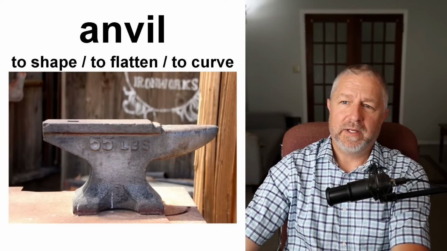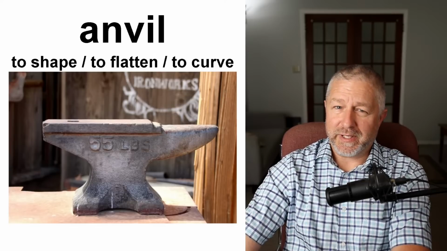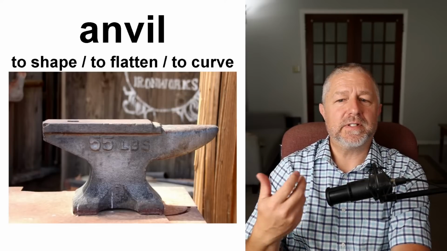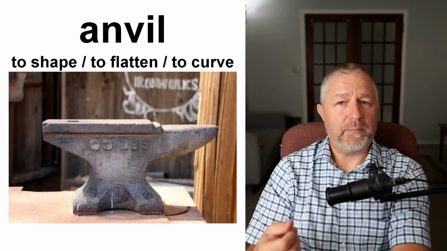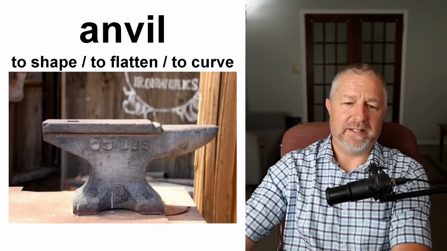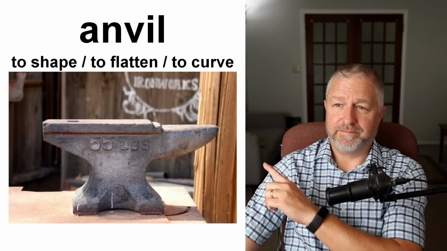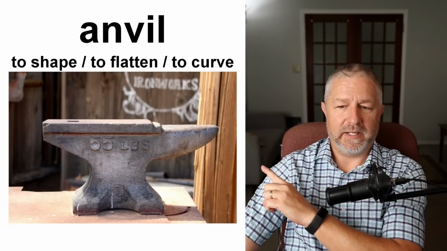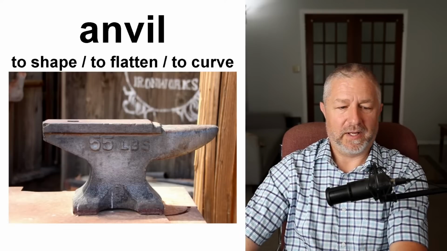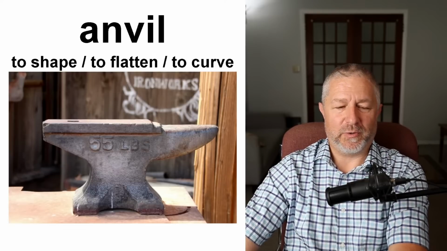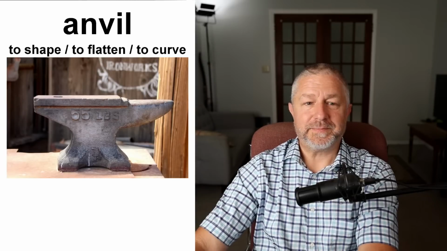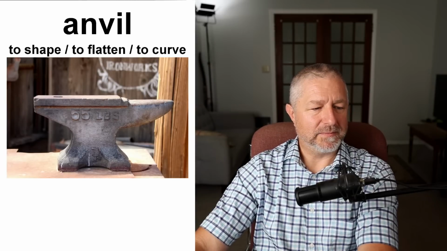So an anvil doesn't actually do anything, but it's a surface that you use to shape or flatten or curve or bend something. I also have an anvil. It's the anvil my dad bought many, many years ago. It's huge. It's very cool. I'll make a video at some point showing you my machine shed and you will see the anvil.